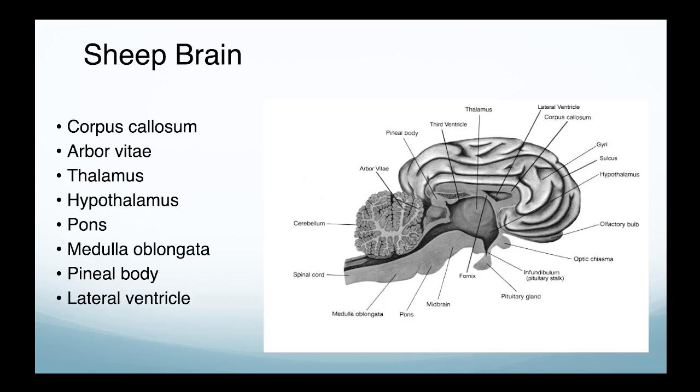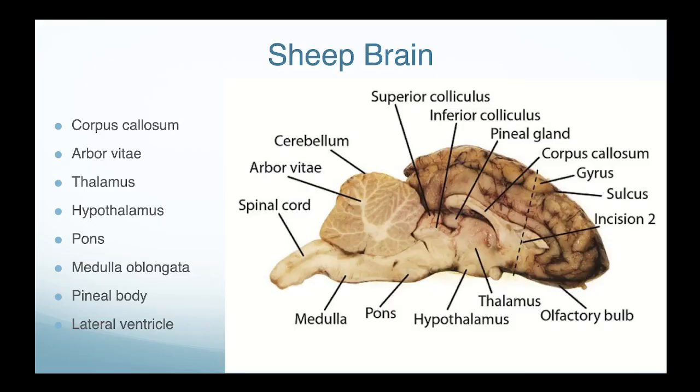The midbrain, pons, and medulla oblongata are kind of hard to differentiate during dissection, but you have to figure out where they might be in relation to each other. That's going to be the best way for you to identify them. And again, here's an actual image of a sagittal section of a sheep brain. As you can see, the different gyri and sulci.